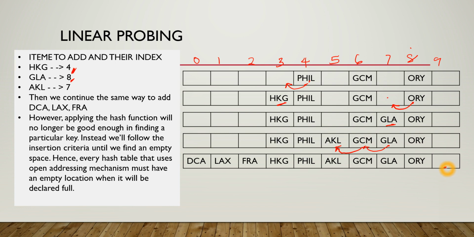Or when you are searching for an item and you come to an empty location, you know that there is no other space to search. Okay, we will continue in the next session to look at what are the drawbacks of this.